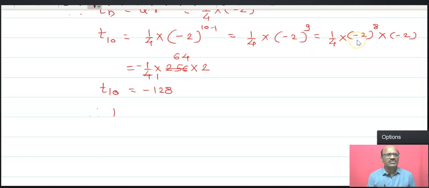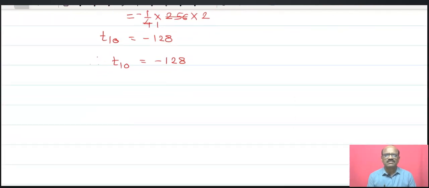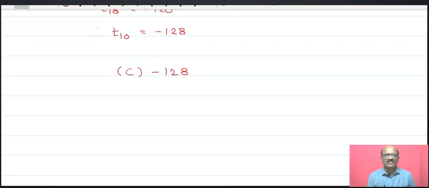Here minus 2 raised to 8 means 256, and there is a minus sign with the 2, and that's why the value of T10 is equal to minus 128. Therefore, option C is the correct one.